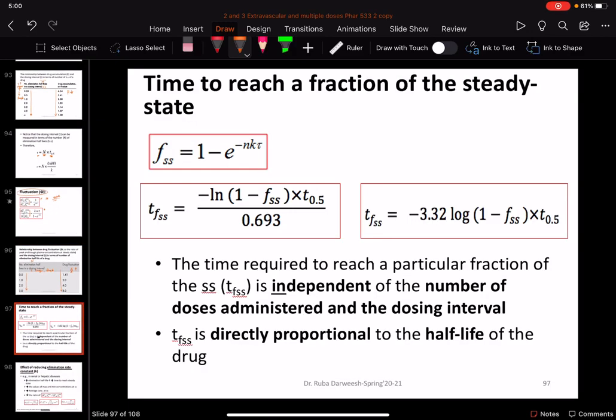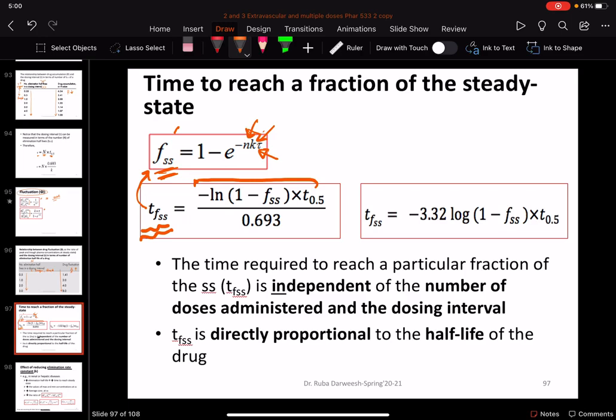As I mentioned, we can determine a certain fraction of the steady state. What is the fraction if we know the number of doses, or nth dose taken, K, which is the elimination rate constant, and tau, which is the dosing interval. We can also determine the time to reach a certain fraction of the steady state, and this is just a rearrangement of the equation for time.